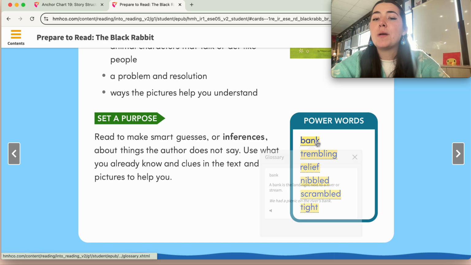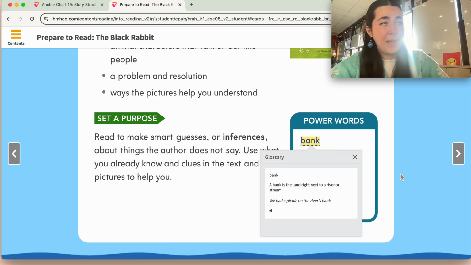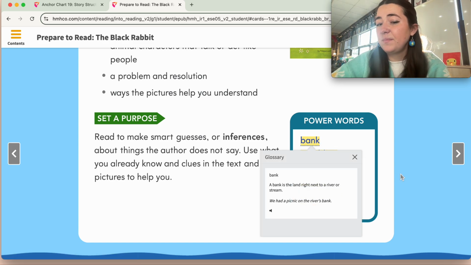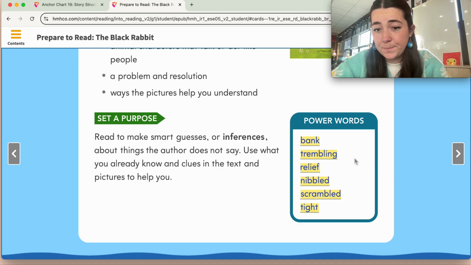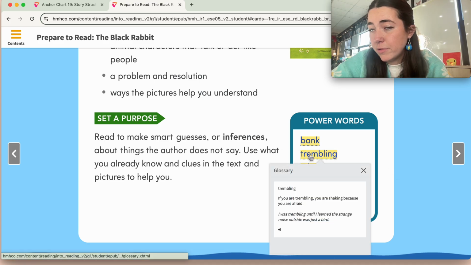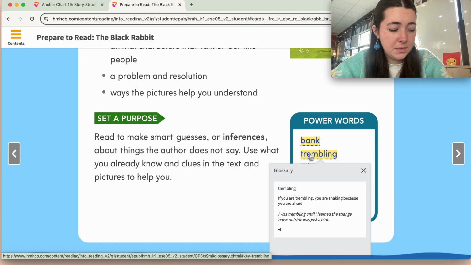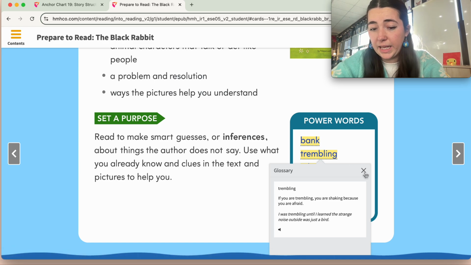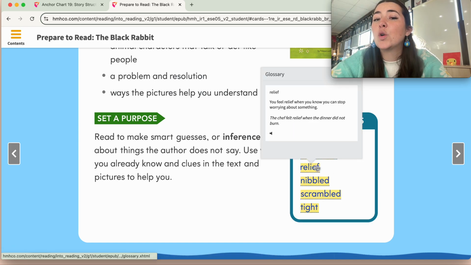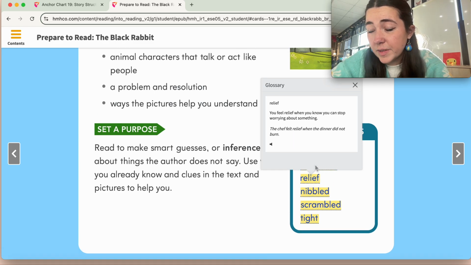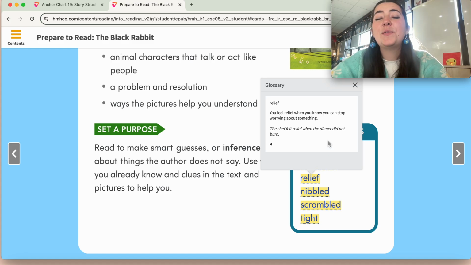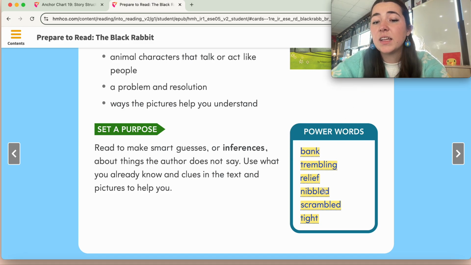Our power words, remember, are bank. Can you say bank? A bank is the land right next to a river or stream. Trembling. Can you say trembling? If you are trembling, you are shaking because you are afraid. Trembling. Relief. Can you say relief? You feel relief when you know you can stop worrying about something.